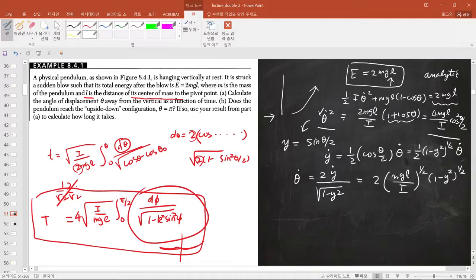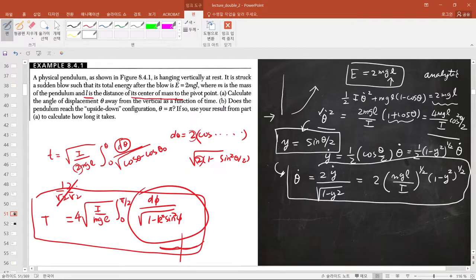So just from this equation, by changing the variables, you arrive at this equation. Okay, so 2 cancels. So it becomes y dot is equal to (mgl over I)^(1/2) times (1 minus y squared).